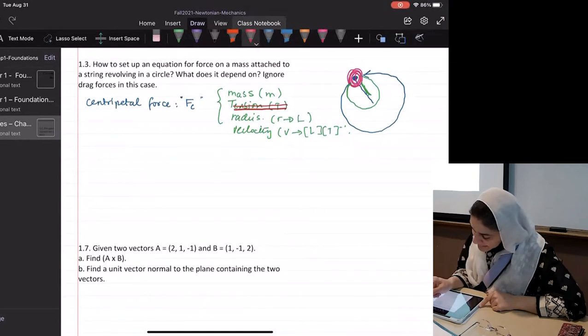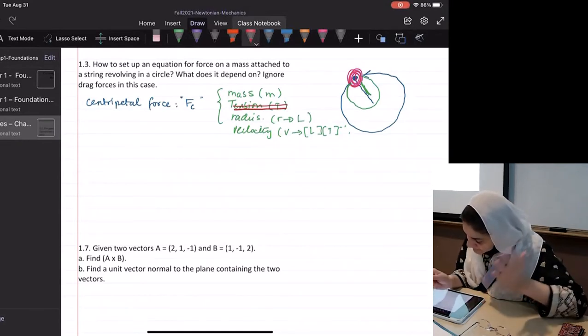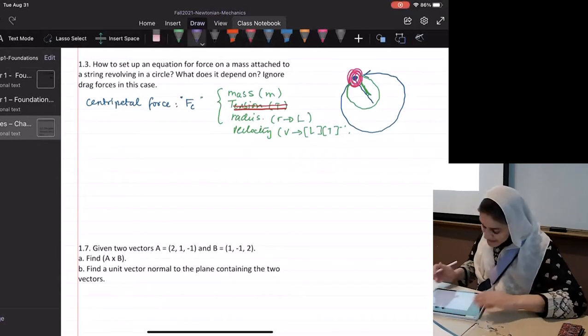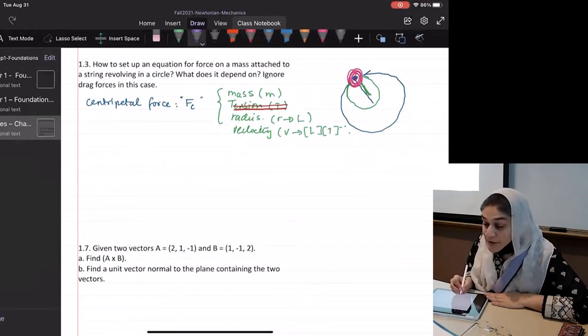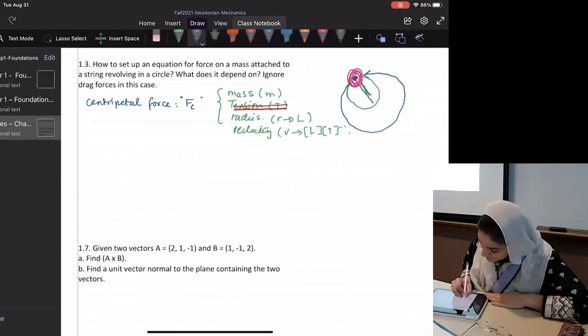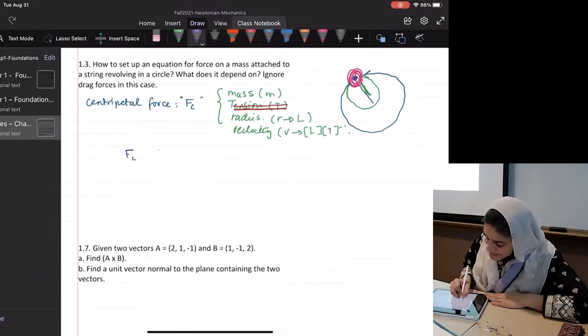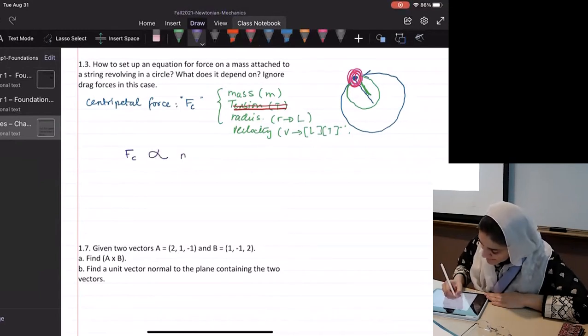So I have, pick a color, guys. Purple. Sorry, I heard purple first, so I'm just going to go with that. So when you do dimensional analysis, you have to go, force is proportional to mass.